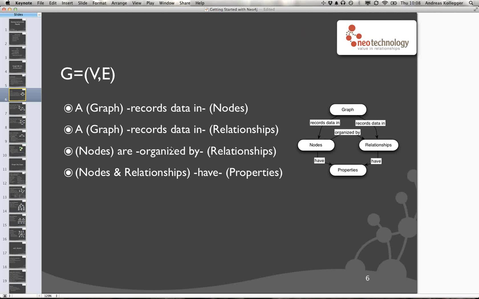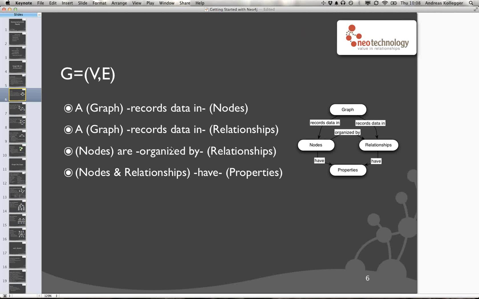So in the diagram that I've displayed here, you can read your way around the bubbles and read sentences, right? In my first sentence, I described that a graph records data in nodes. So in a graph database, we don't really have records, we don't have columns and rows; the individual record in a graph database is called a node. Now, in addition to the nodes, you have connections between nodes.